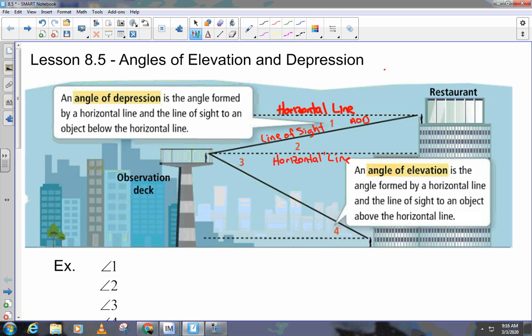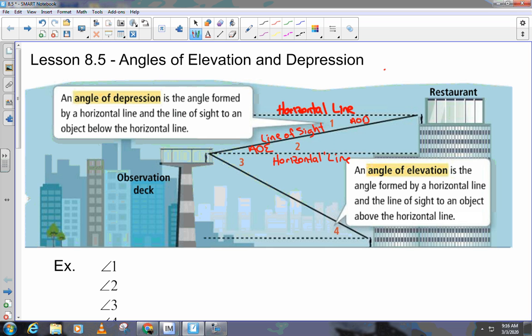But when he looks up at the guy on the observation deck, that is his new line of sight. So here's his horizontal line of sight, and he looks up. The angle that is created by that horizontal line and the new line of sight is called an angle of elevation. So I'm going to abbreviate that AOE.